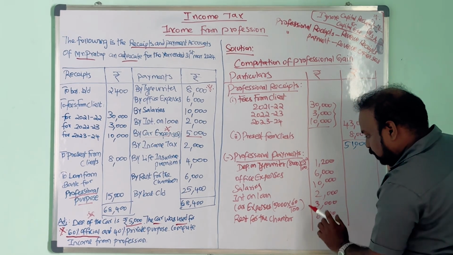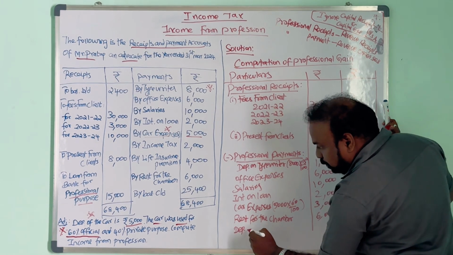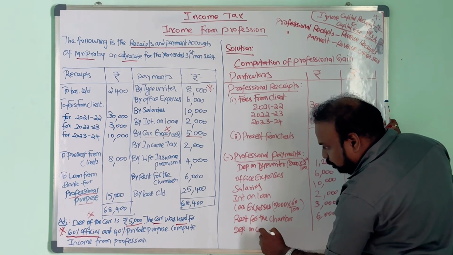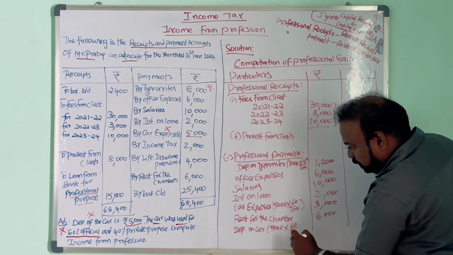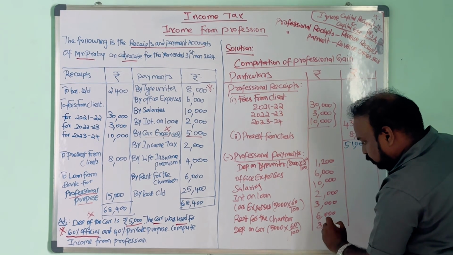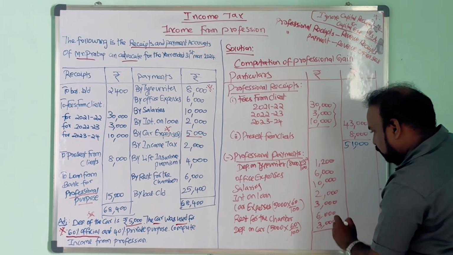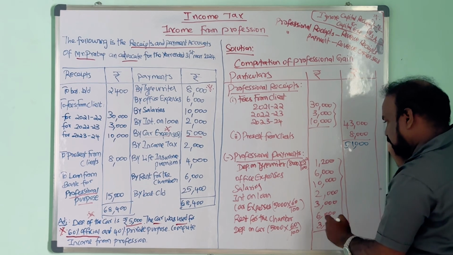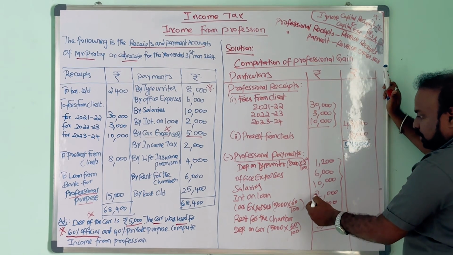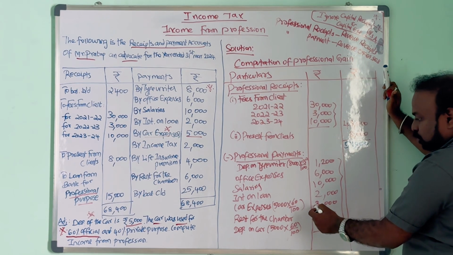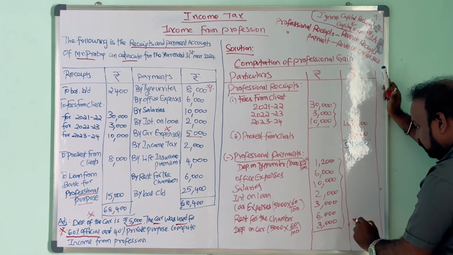Then write the depreciation on car, which is given as 5,000, that is 5,000 into 60% becomes 3,000. Add this, you will be getting professional expenses of 31,200.